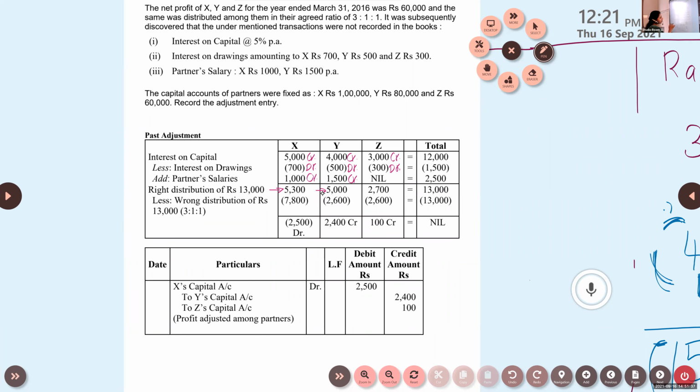Z: 3,000 credit, which is considered a positive amount, minus 300 debit, a negative amount because it is a payment from the partner. So you get 2,700. Likewise, the total is 13,000. After adjustment, this is the amount to be received by the partners, 13,000.